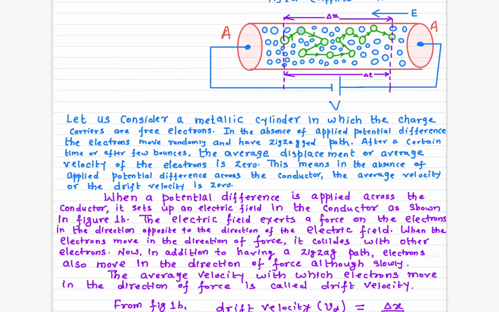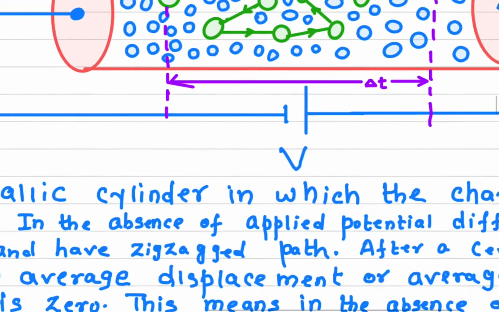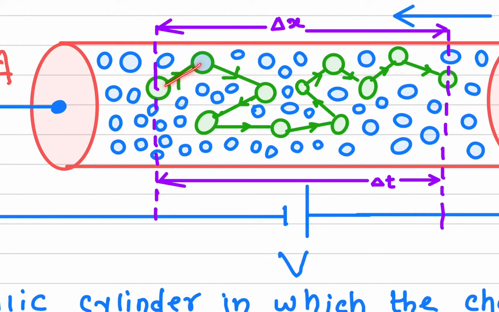Now, while the electrons are moving in the preferred direction, still there is an ocean of electrons, like those electrons here. What are they doing now? These will still hit or collide with other electrons, with other charge carriers. So this may hit another charge. Again, it might change direction.